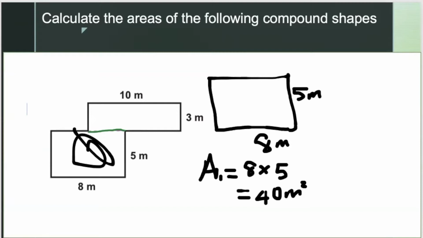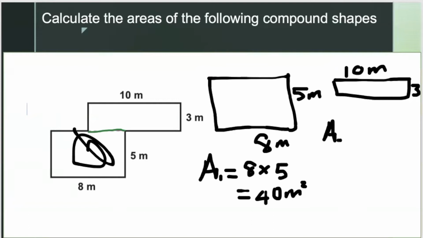The above section is another rectangle. This is 10 and this is 3. So I am going to find the area of this. This is 10 meters, which is the width, and the length is 3 meters. So let's call this area 2. So area 2 is equal to 10 times 3.